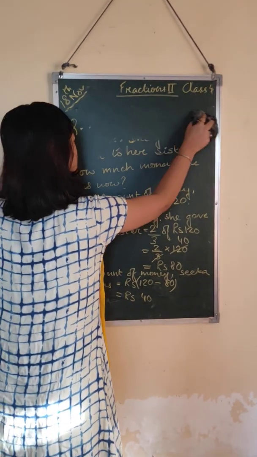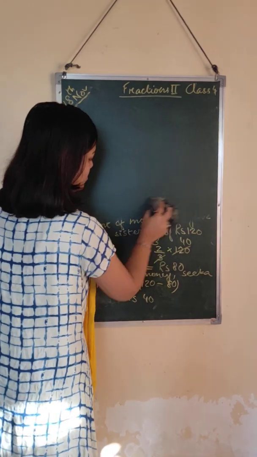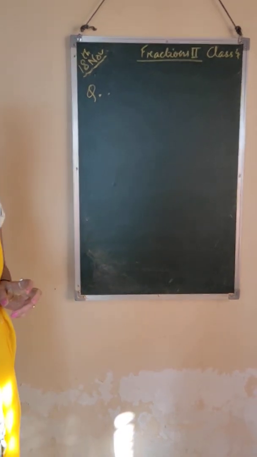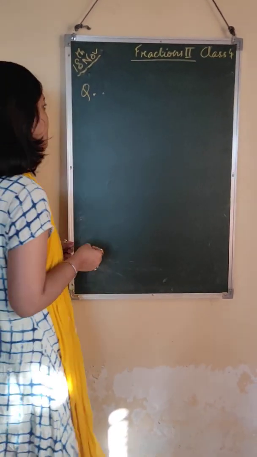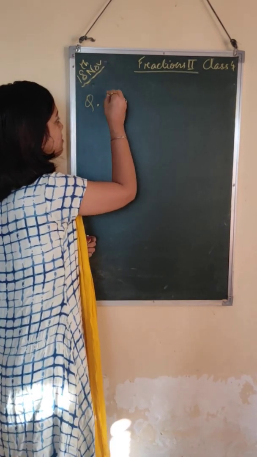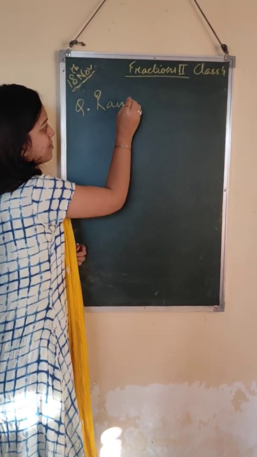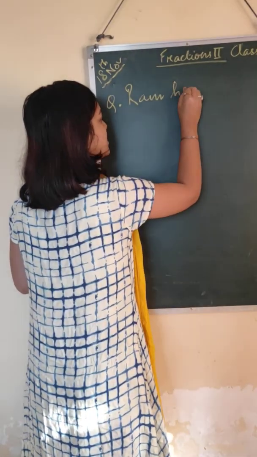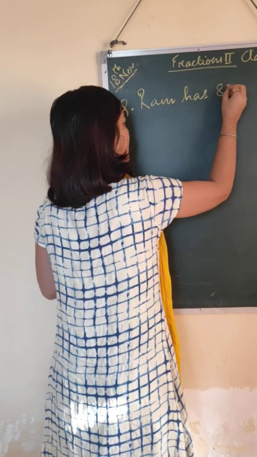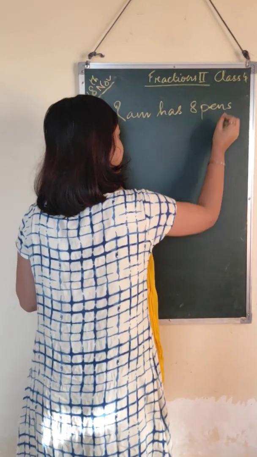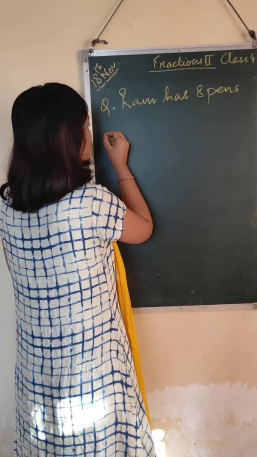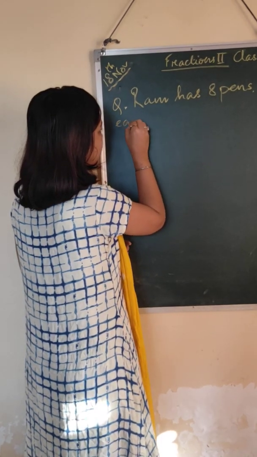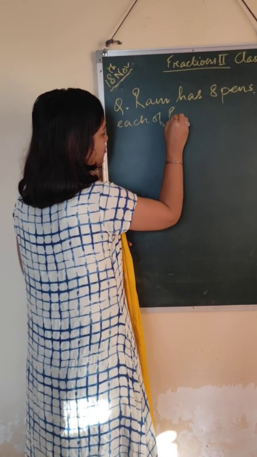We are going to solve another sum, so that it will be more clear what we are doing right now. Suppose I tell you Ram has 8 pens, each of rupees 10.